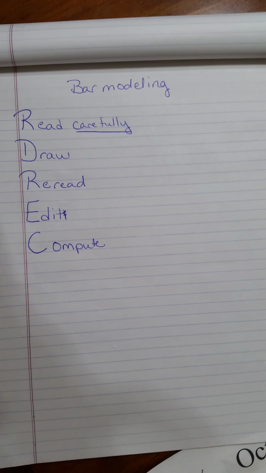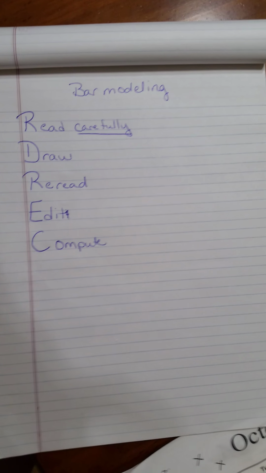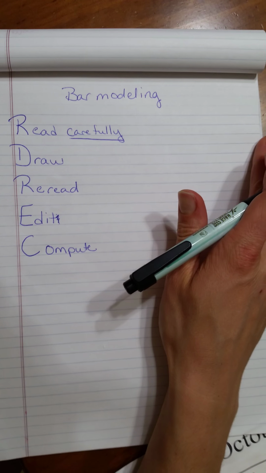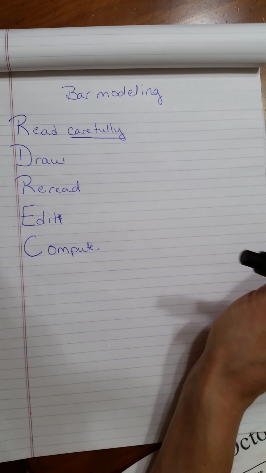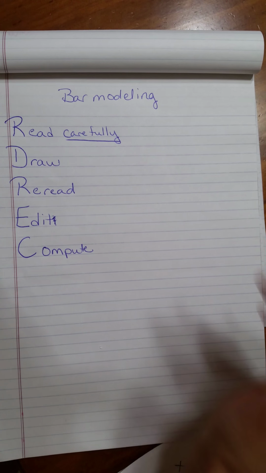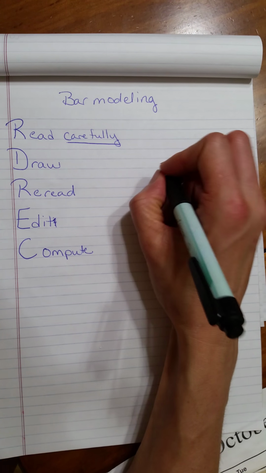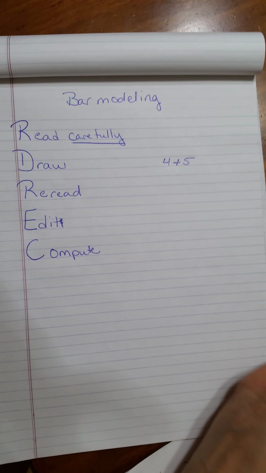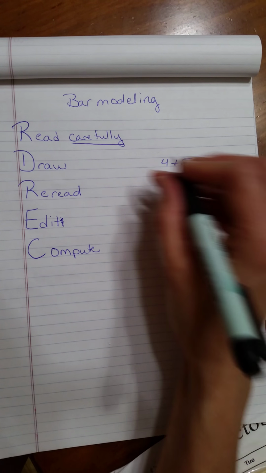The C is for compute. That's the last step in bar modeling. We make sure that we draw all of the information that's been given to us before we even attempt computing. So let's say we have been given something very simple, like 4 plus 5, okay?